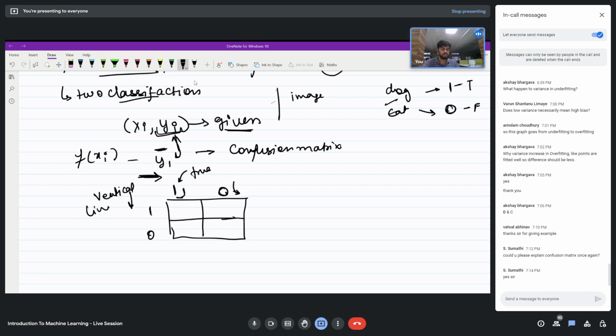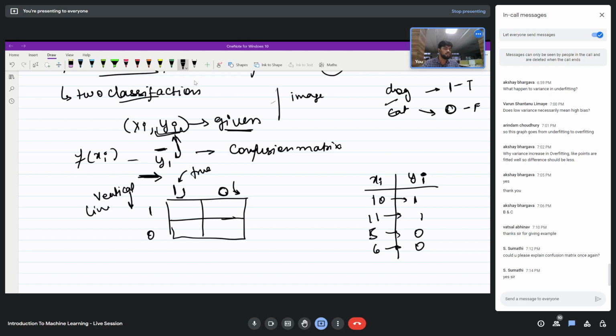Now I'll give you an example. Let's say this is some xi. Corresponding to this, I had some yi given. So this was 10, this is 1, this is 11, this is 1, this is 5, this is 0, this is 6, this is 0. This x was given to me and yi was given to me.